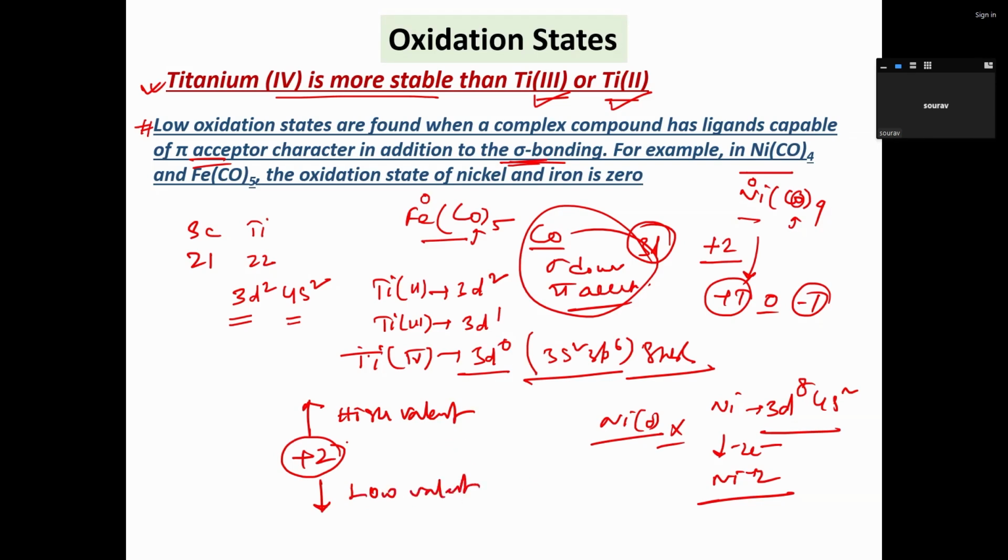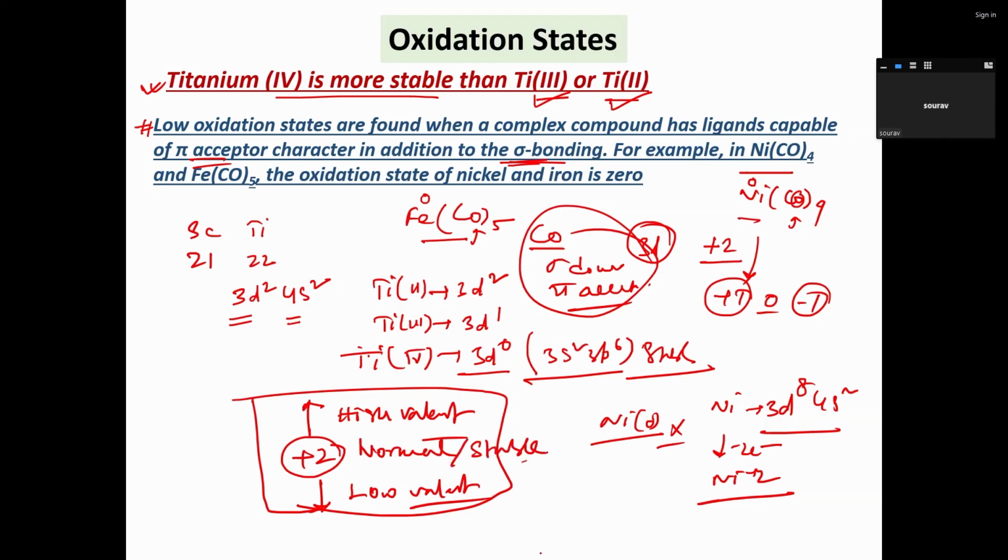So plus 2 is the normal, or we can say the stable. From the stable or normal oxidation state, when we go to a high oxidation state, we say this is high valent, and when we go to a low oxidation state, this is low valent.